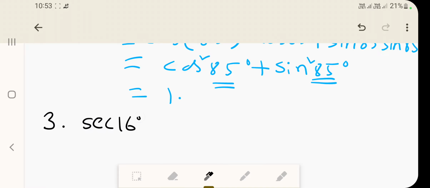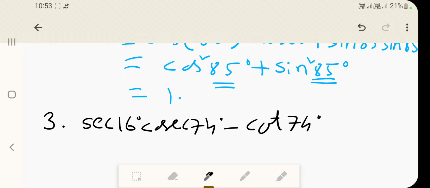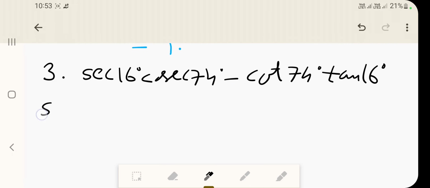Here they have given secant 16 degrees cosecant 74 degrees minus cot 74 degrees tan 16 degrees.